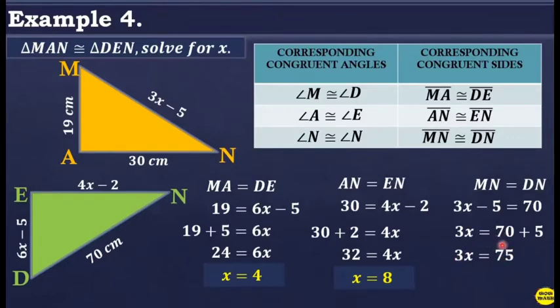Divide both sides by 3. 75 divided by 3 is 25. Since this is 70, this should also be 70. Substituting 25, 3 times 25 is 75. 75 minus 5 is 70, which is congruent to this side.